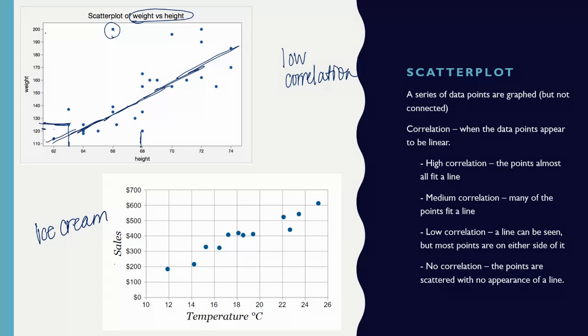If I look at this graph, I can very clearly see that this is very linear. As the temperature goes up, so does the amount of sales. Kind of makes sense, right? The hotter it is out, the more we want to get ice cream. I would say that this has a very high correlation between ice cream sales and outside temperature, which makes sense in real life, right?